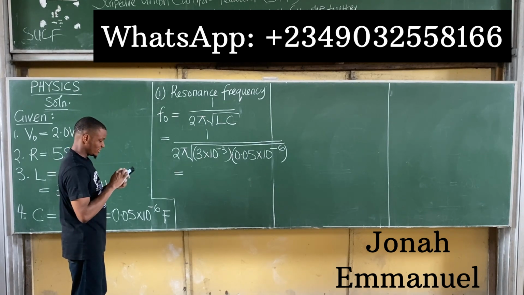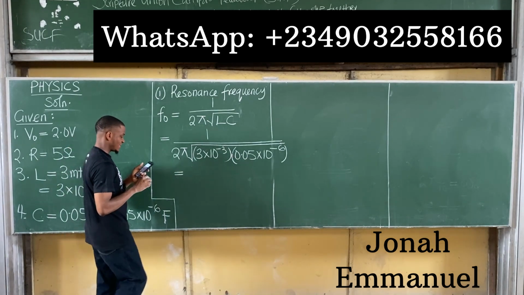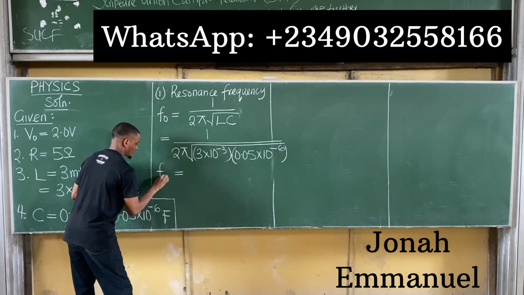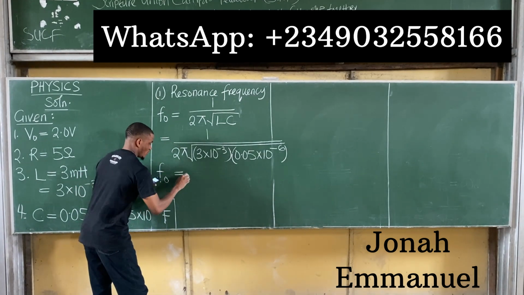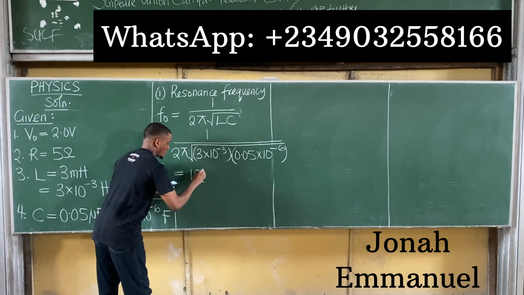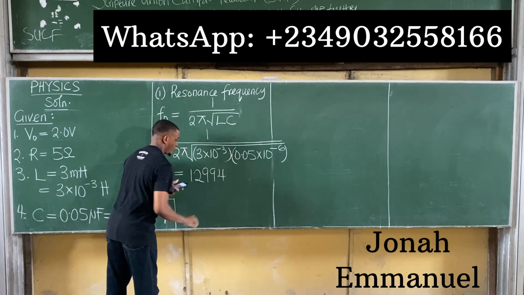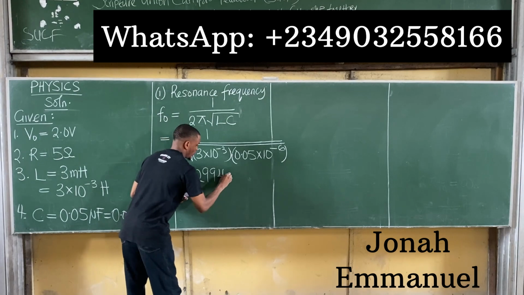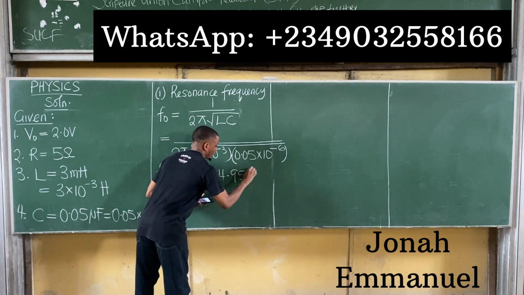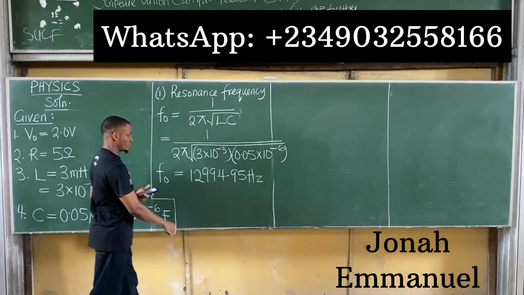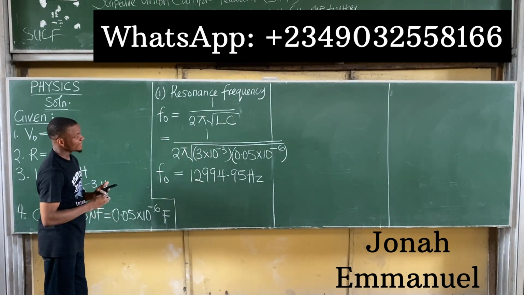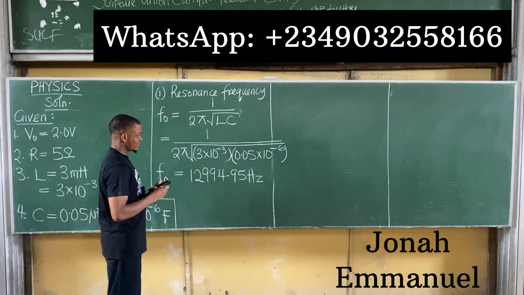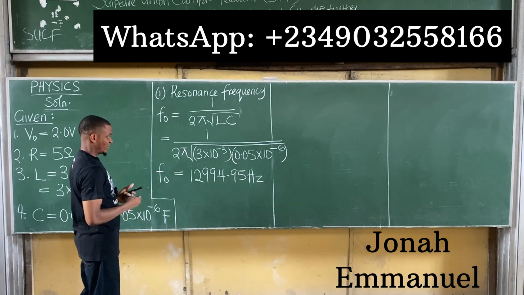So on punching this, I have my answer here, F naught, as being equal to 12994.95 hertz. So its frequency, it should be in hertz. So I have this as my resonance frequency. So that's the value here.